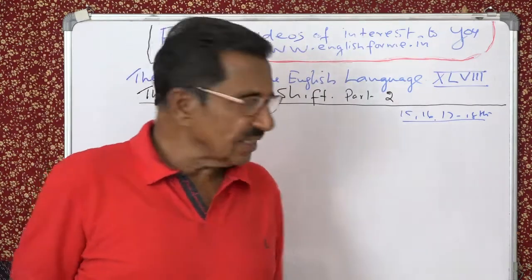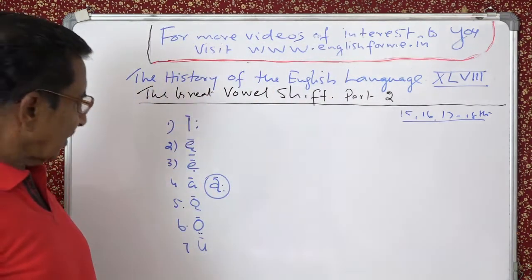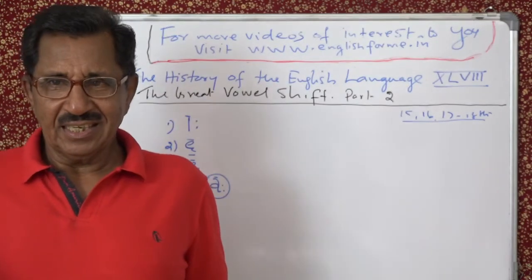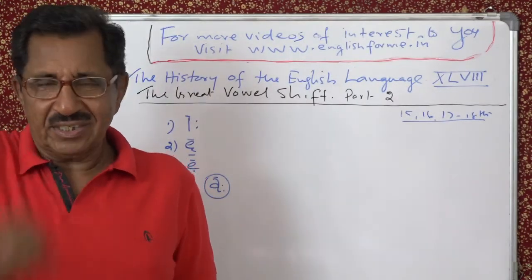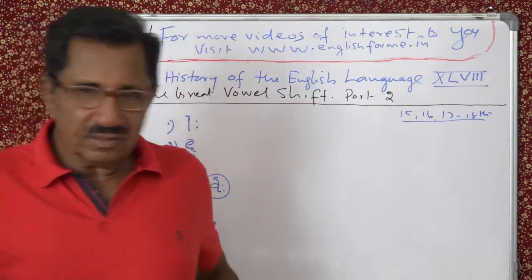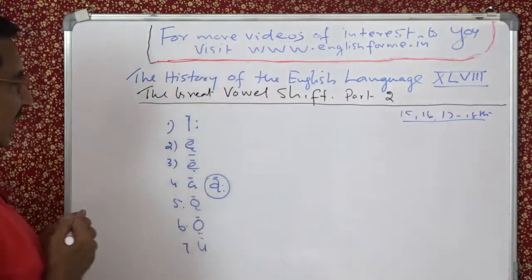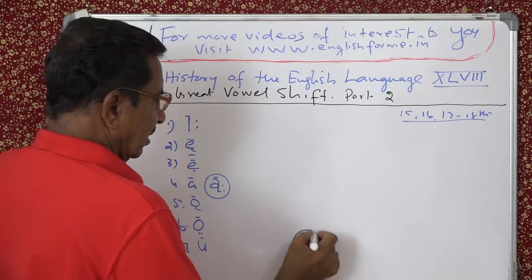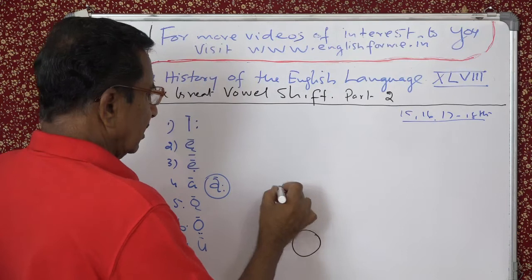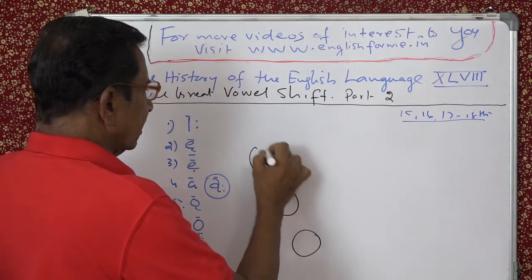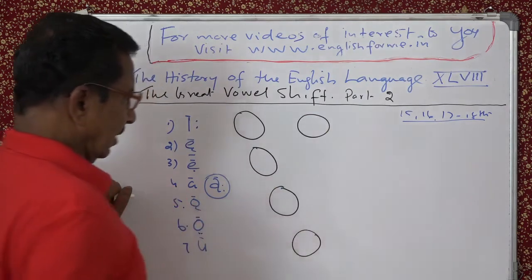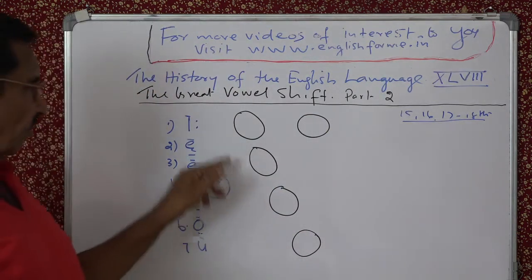So already we have seen there are seven long vowels. Now what happened to these? And how are we going to know this? What happened to these is very simple to say. Imagine like this: this is one, this is another, second, this is third. See, 1, 2, 3, 4, 5 circles.